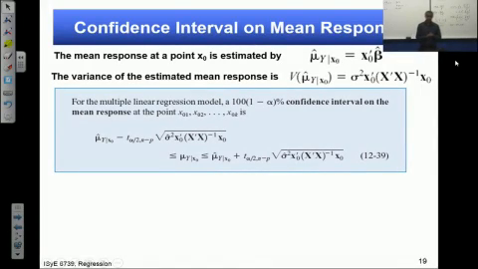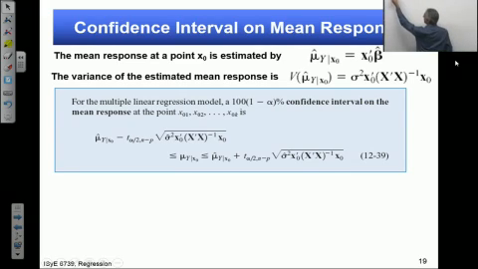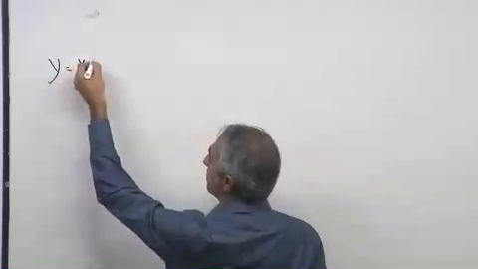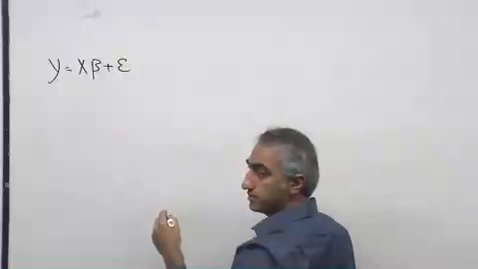Okay, confidence interval on mean. So you know how to calculate confidence interval. You learned how to calculate confidence interval for beta. But what if we want to find the confidence interval for the mean of the predictors? So basically, we know that this is our model.